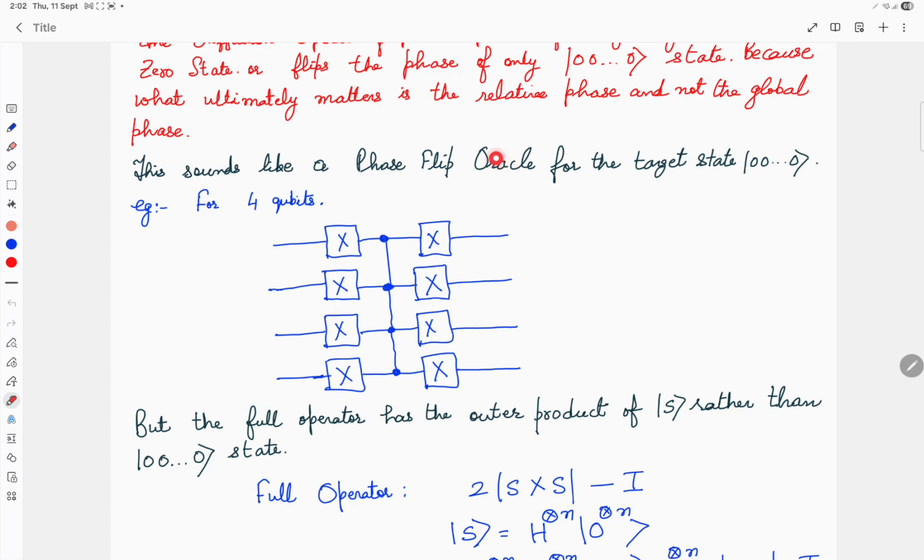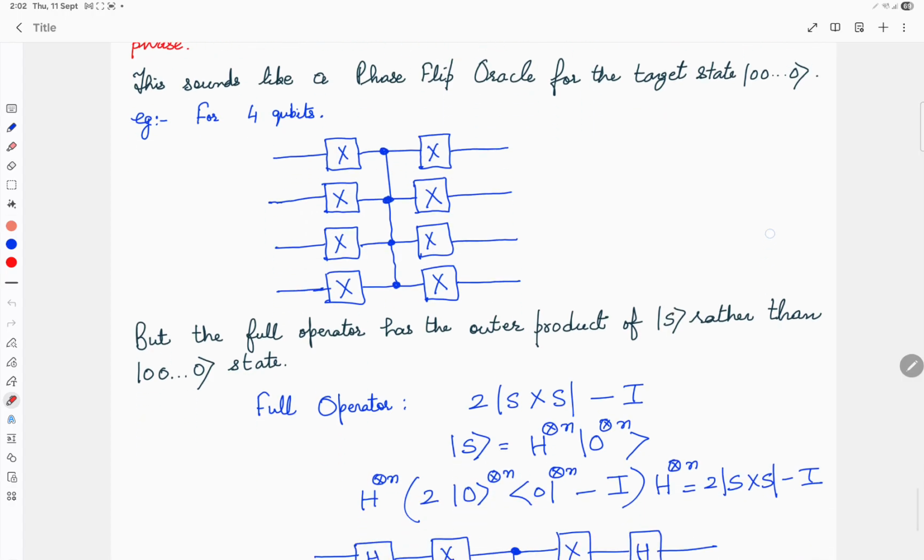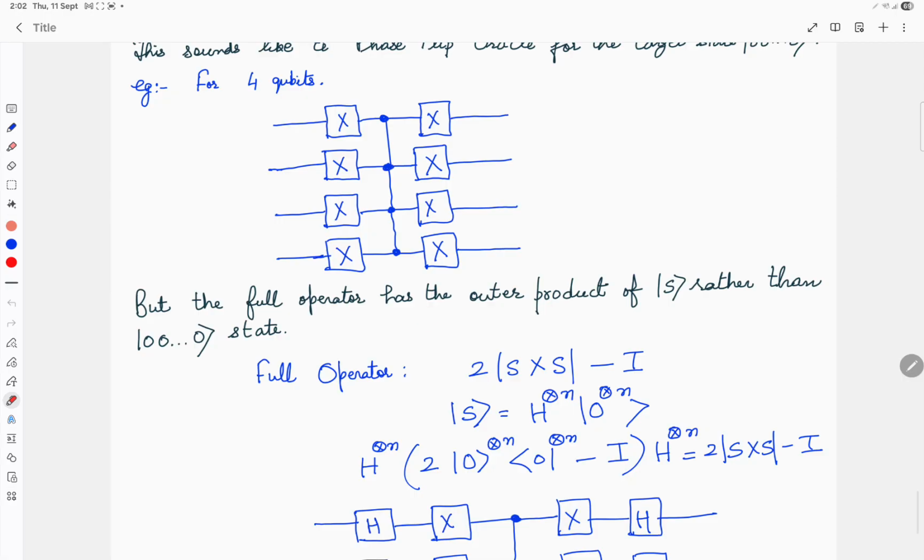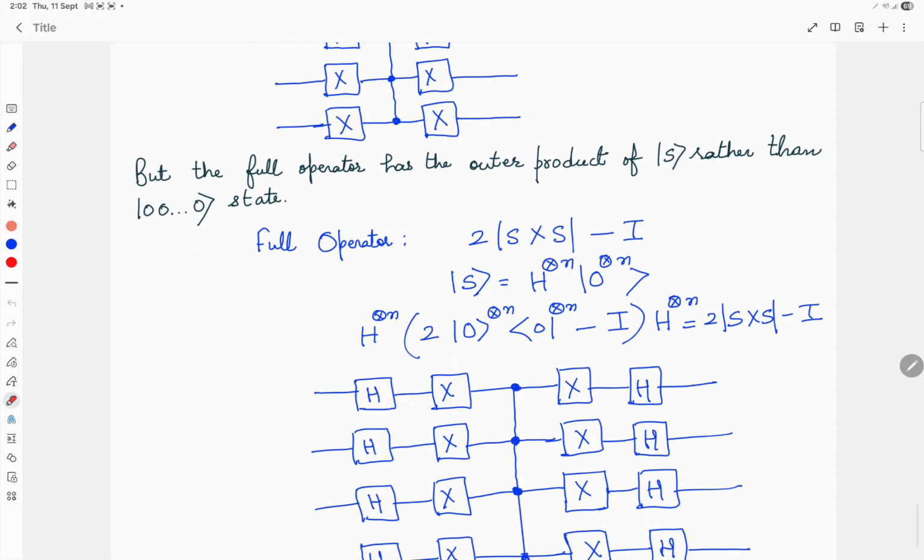We know how the phase flip oracle can be implemented using the Pauli X gates and the control Z gate. But the full operator has the outer product of S rather than ket 00. So the full operator is twice the outer product of S minus the identity matrix.